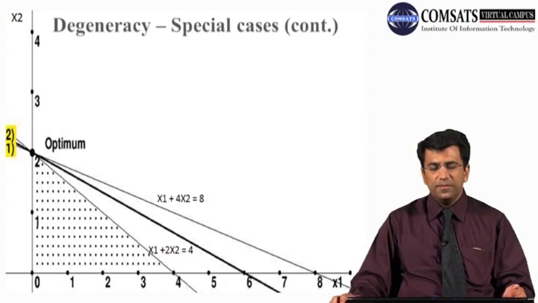And again, after identifying that feasible solution, we may identify the optimal point on this graph at which our objective function may be maximized. So class, what we have done in this particular case, we have drawn those lines for representing our two constraints. So these are the two lines. As you can see, the dotted area is your feasible region, and that is the area which is less than both of our lines, that is x1 plus 4x2 is equal to 8 and x1 plus 2x2 is equal to 4.